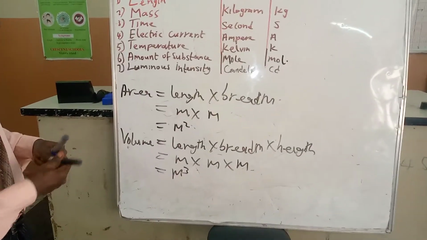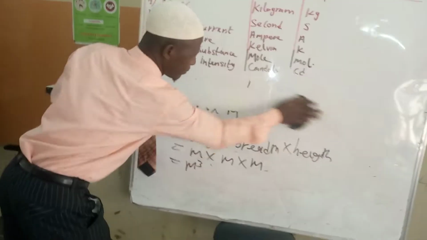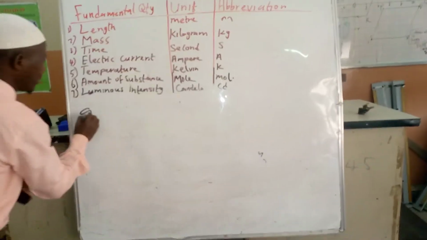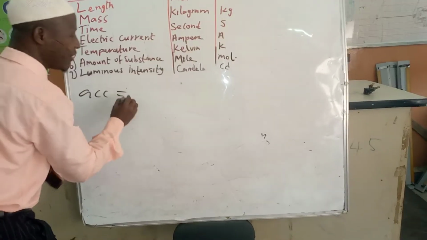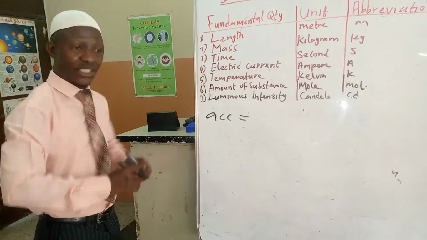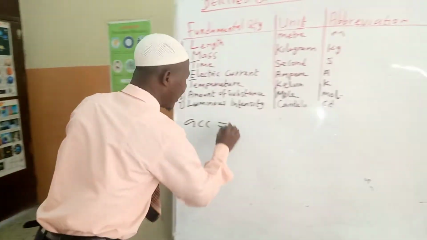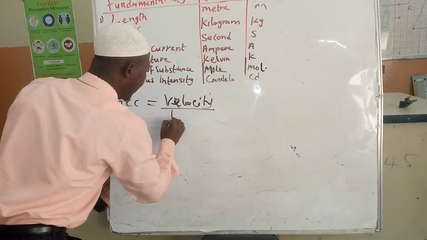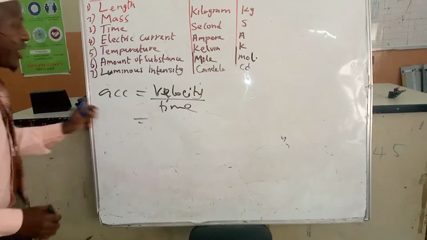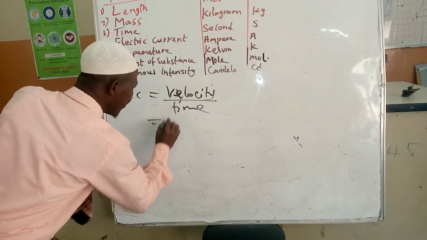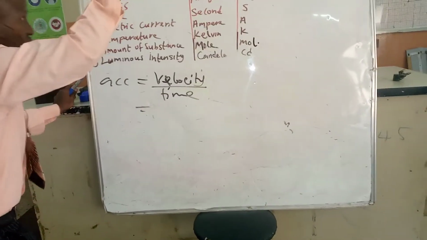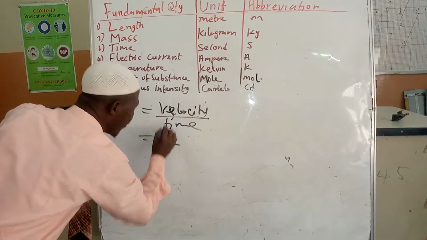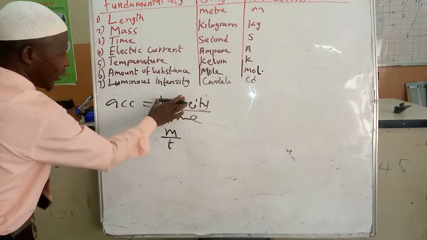Let's go on. We have acceleration. The formula for acceleration is change in velocity over time. Velocity is displacement over time, and displacement is also a length. So we have meter over time, and that is velocity.